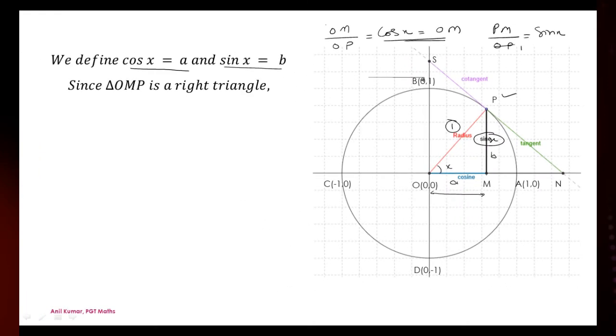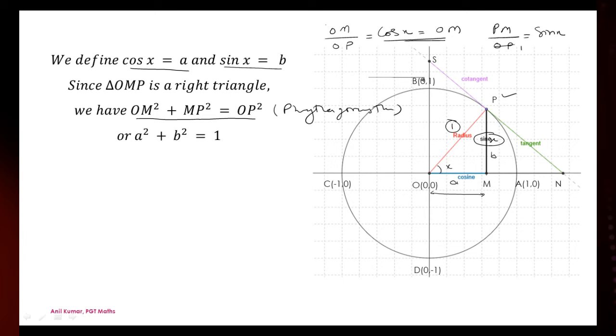So in triangle OMP, I can say that OM square plus MP square is equal to OP square. Pythagoras theorem I applied here. Or we can say that A square plus B square is equal to 1. For every point on the unit circle, this relation will be true.